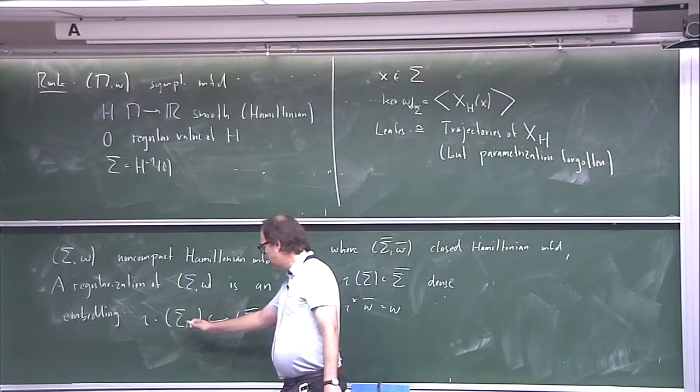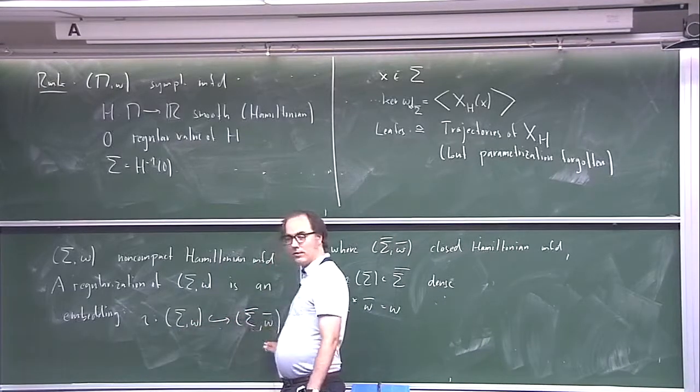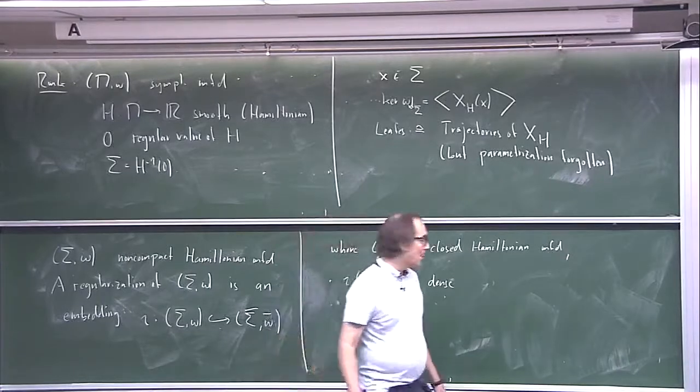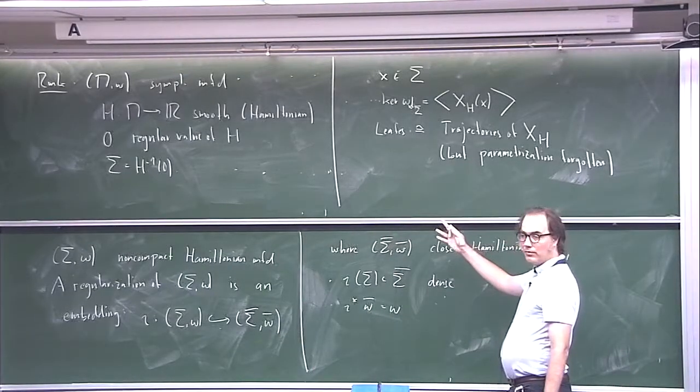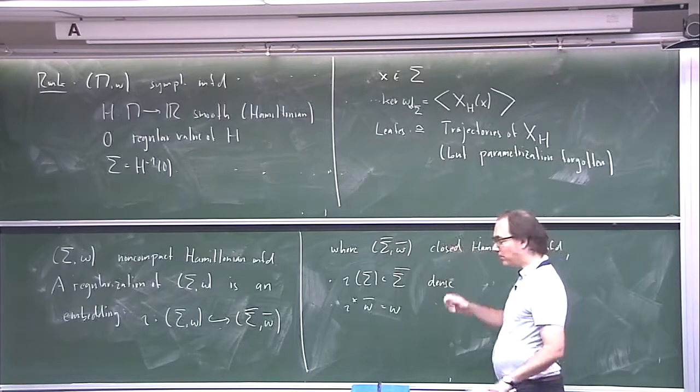Then you extend the foliation here to the foliation there. And this we can now do also for the restricted three-body problem.